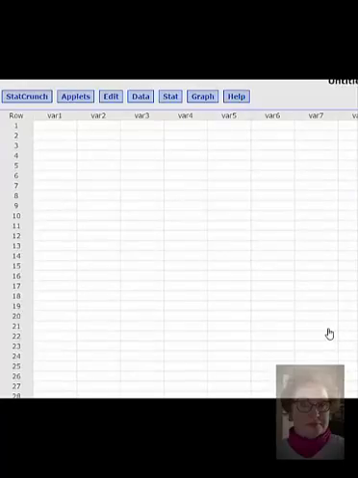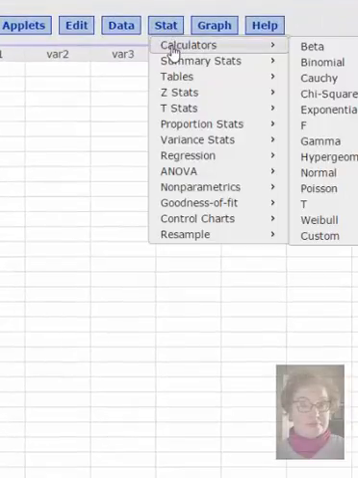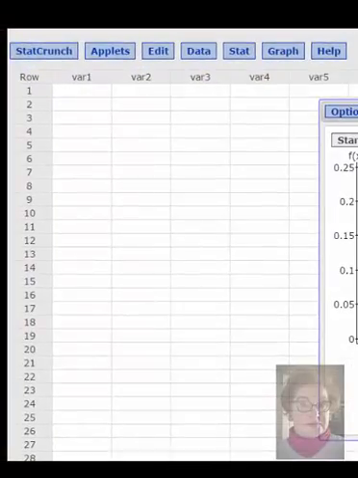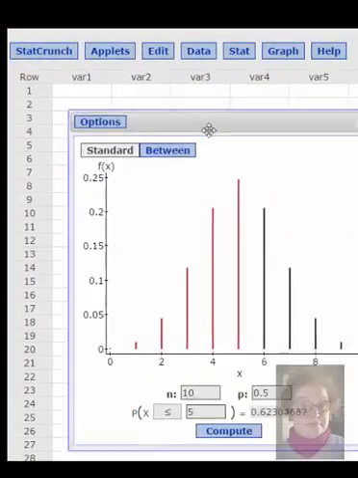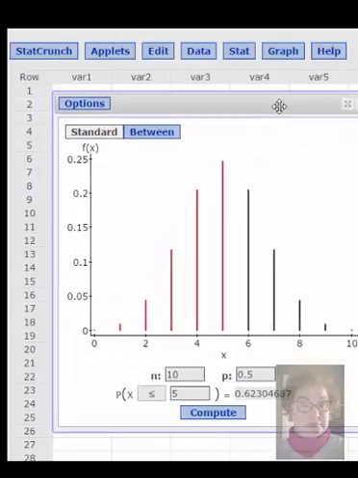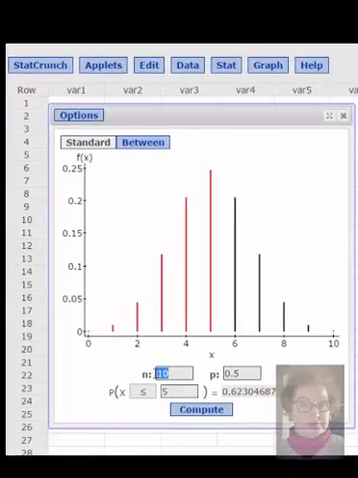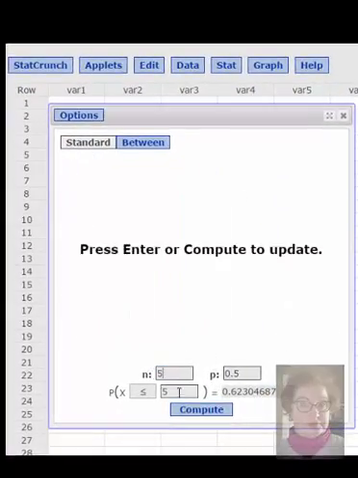So let's look at that last example, and remember, when we want our binomial calculator, we go to Stat, Calculators, Binomial, and let's bring this over so you can see it. In this case, we had a sample of size 5. We are interested in 3, and our probability was 0.85.